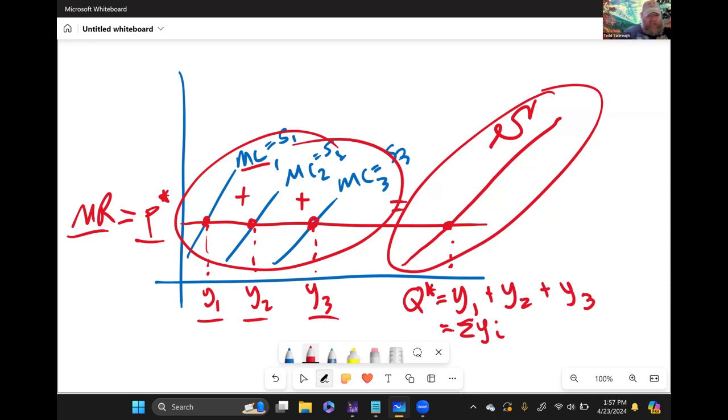And so at a particular market price P star, we get a particular level of supply in that market. Let me put a QS here so we know that that's quantity supplied.